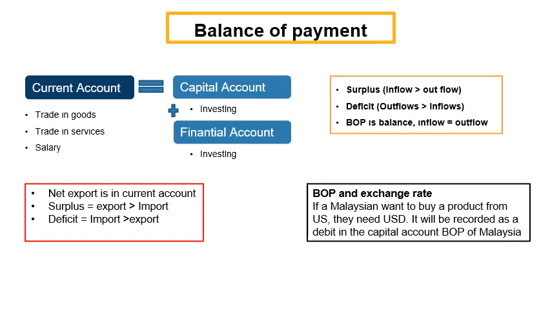So that's why the Malaysian consumer has to buy USD to pay to that company. So when the Malaysian consumer buys the product from the American company, it will be recorded as a debit in the balance of payment of Malaysia.